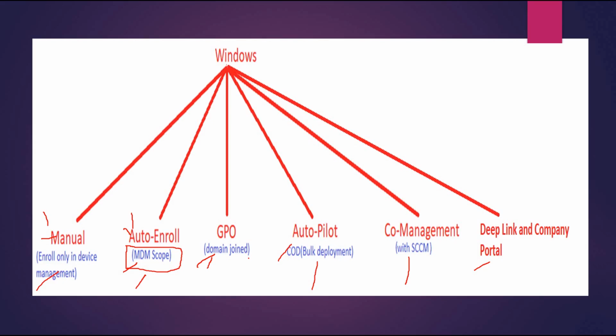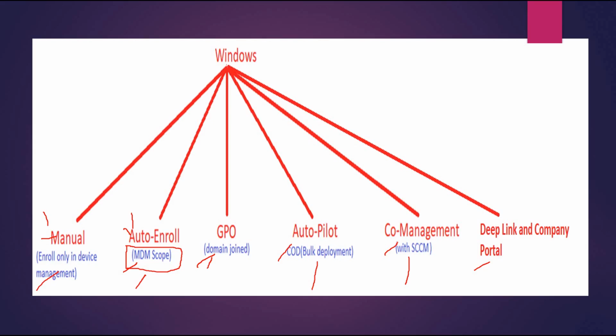Okay, the fifth option is something called enrollment via SCCM, which gets them into a state of co-management. Okay, so let's just talk about a scenario wherein we had devices and the devices were on-prem domain joined. Okay, so we had the option of enrolling them to Intune via group policy.